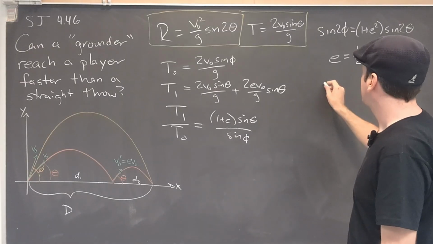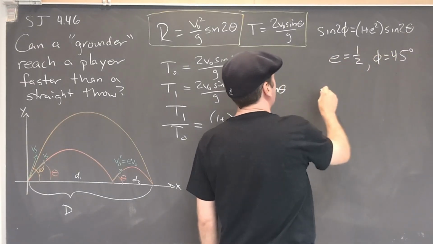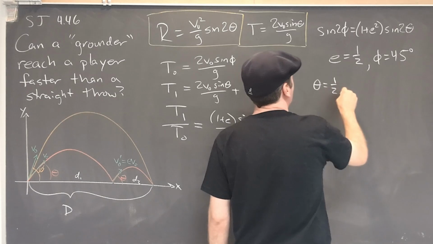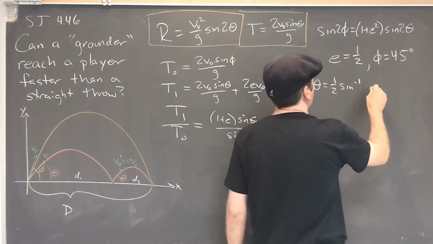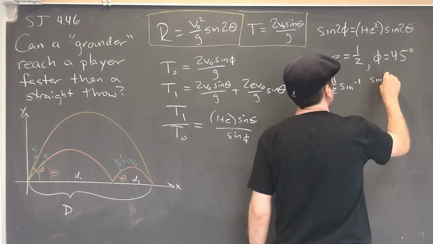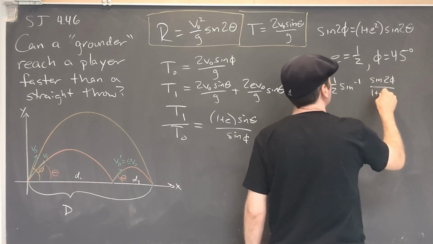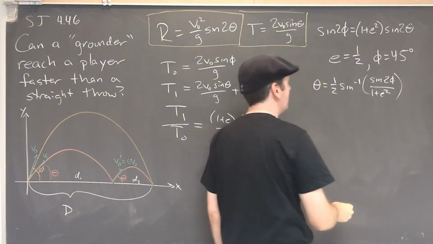Okay, so if we do that over here and solve for theta, we'll see that theta is just going to be 1/2 the inverse sine of sine 2 phi over 1 plus e squared. That's in general.